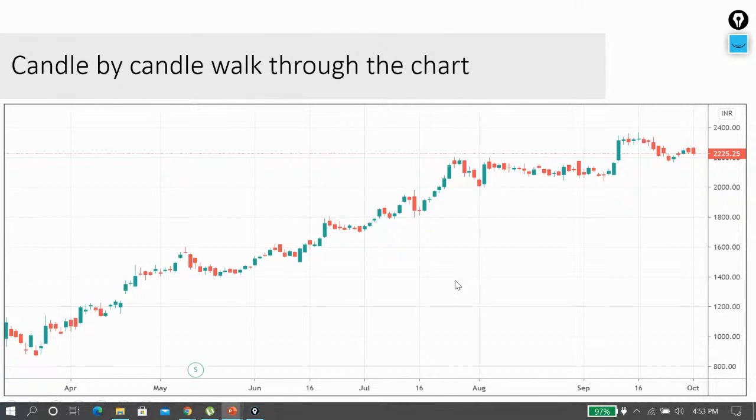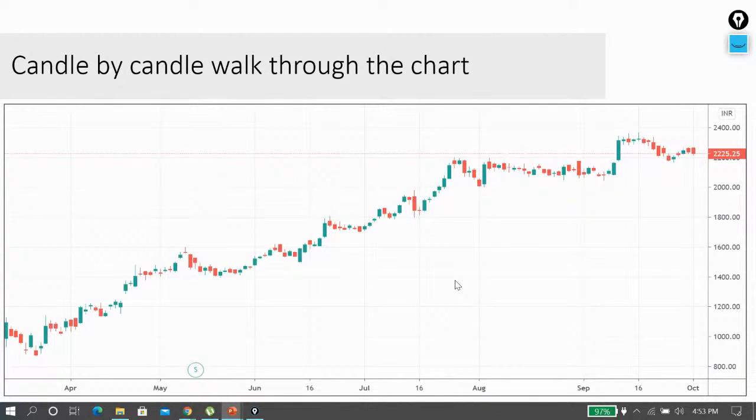Okay. So those are the next thing that we need to know before going into broader structures like channels, head and shoulders, triangles, and so on. But these candles we need to know because they give us information about day-to-day activity, and if we combine 2 to 3 days of activity, how does it look on a 2 to 3 day frame?